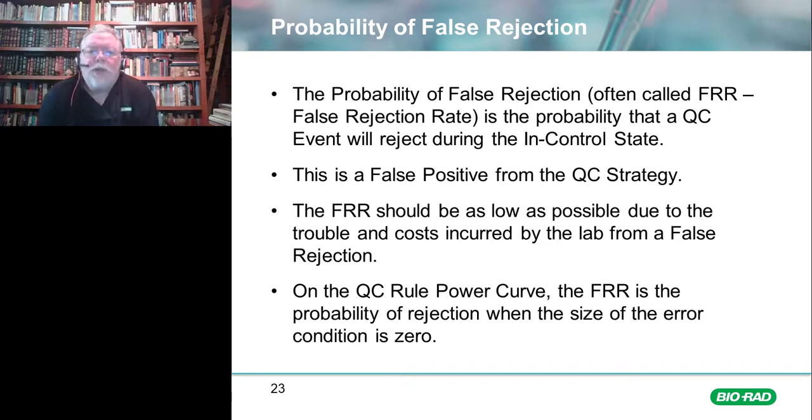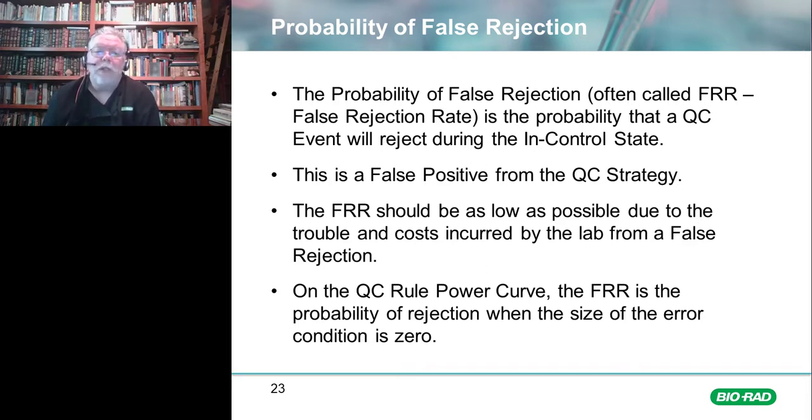So our false rejection rate, we want it to be as low as possible because we are getting noise from our QC system with the false rejections. We don't actually have a problem, but the QC is rejecting, which means we have to stop and we have to troubleshoot. We may have to shut down testing until we determine that there is no problem.